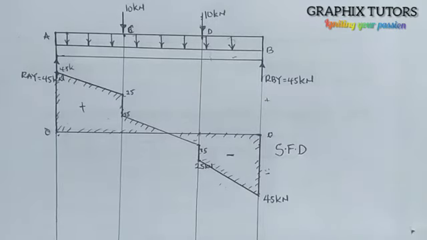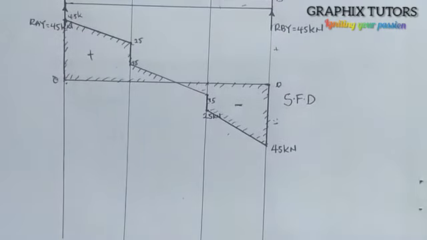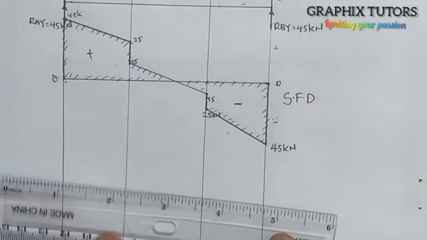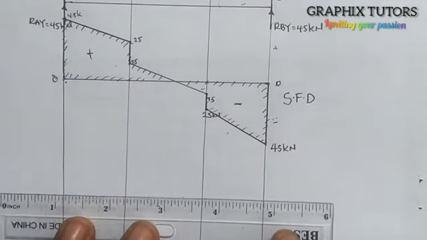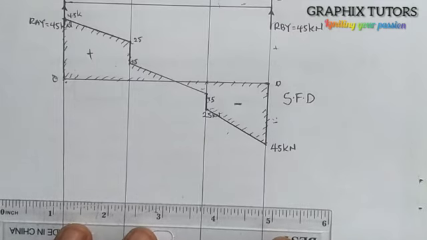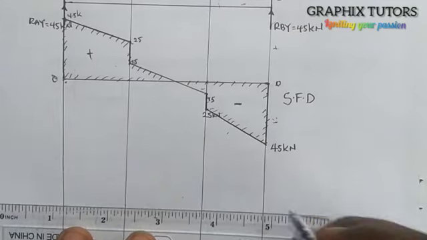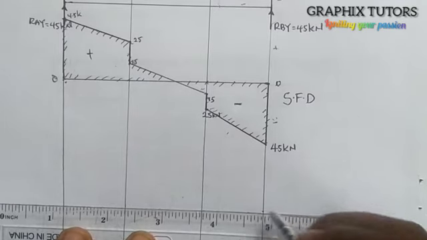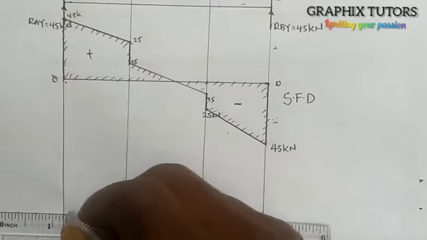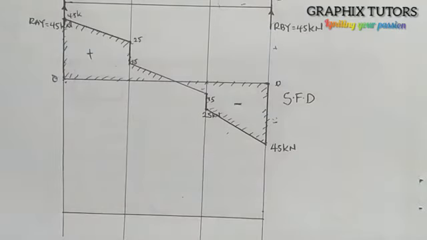Now the next thing we want to do should be the bending moment diagram. So what I will do is I'll do the same thing. I will connect this point to this point, just with a straight line, right? And we'll start.